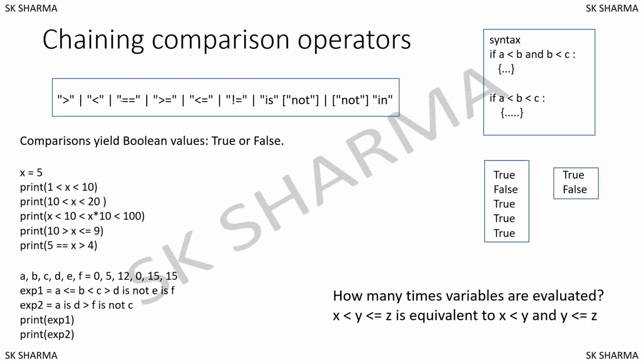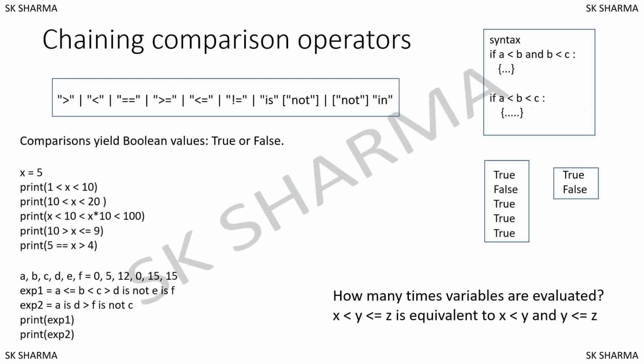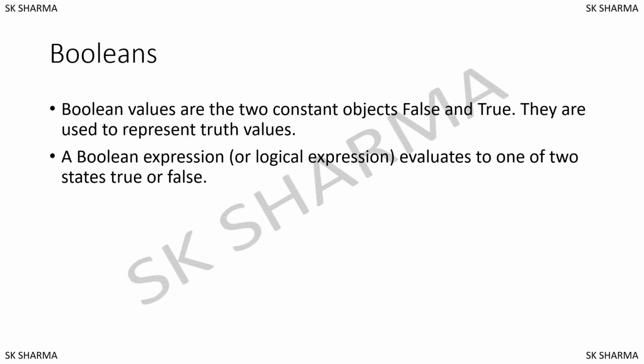So this is a chaining comparison operator. We can combine many operations together. True, false. We have talked too much today. So what are the booleans? True and false are the booleans.